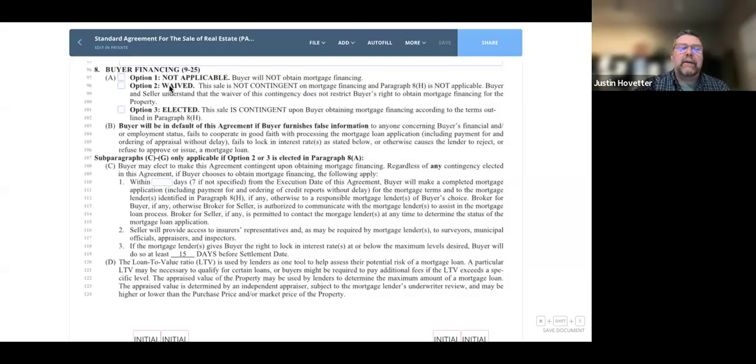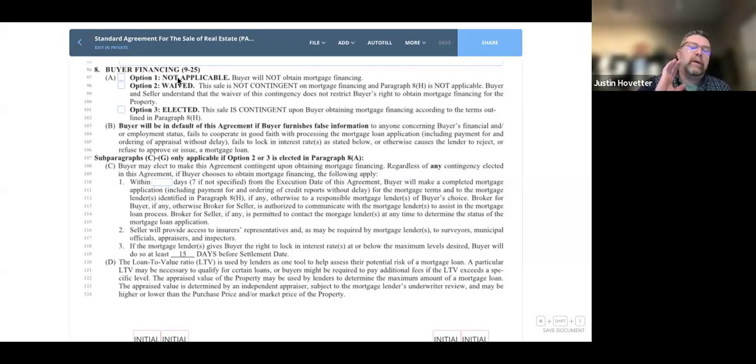Previously it was electing or waiving the contingency, and it was often assumed that if the contingency was waived, it was going to be a cash purchase. They wanted to add another level of specificity to this agreement to clearly define what was going to be cash and what was just waiving that contingency.